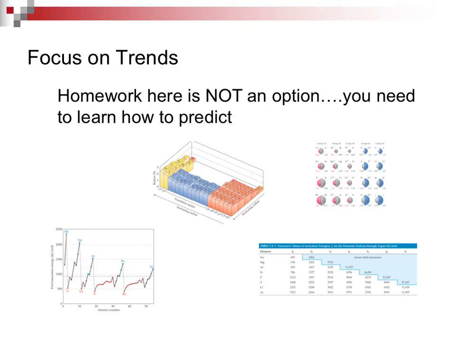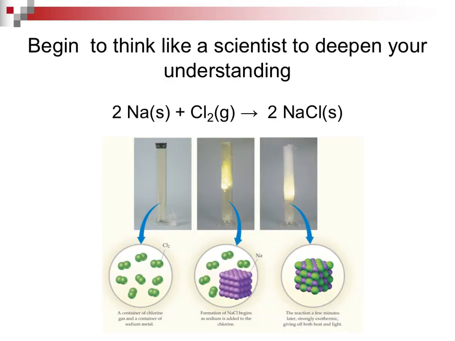These may look like funny drawings at the moment, but as we work our way through the chapter, each of them is going to have a very significant role. We want you to begin to think like a scientist and deepen your understanding. You know that sodium is a solid, you know that chlorine is a diatomic gas, and hopefully by now you know sodium makes a +1 ion, chlorine makes the -1 chloride ion, and they come together to make sodium chloride.